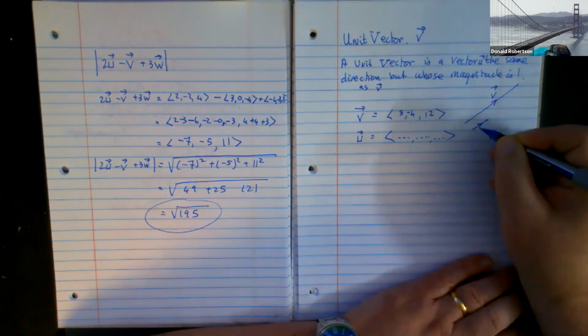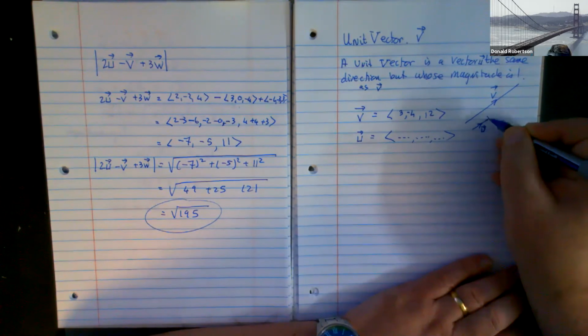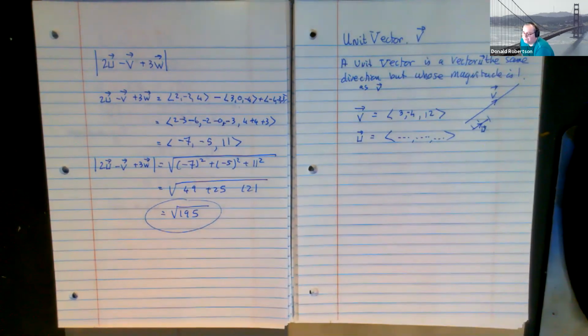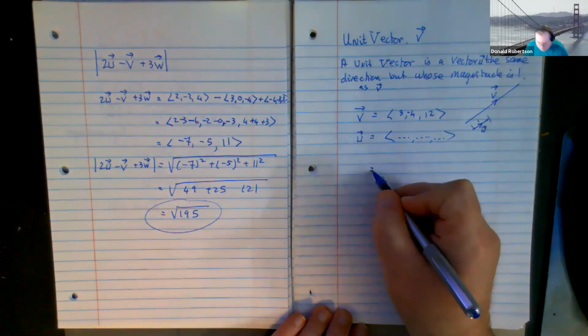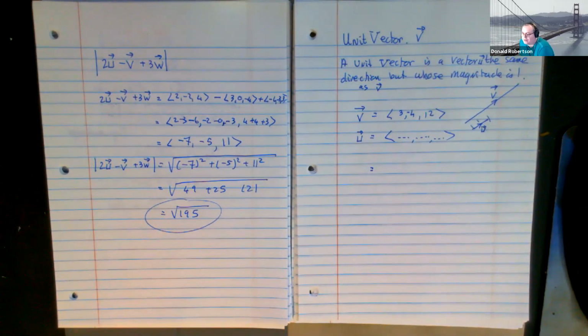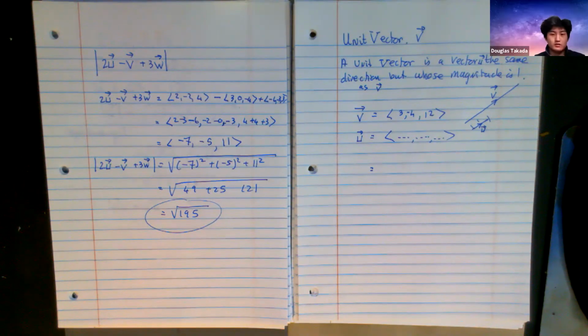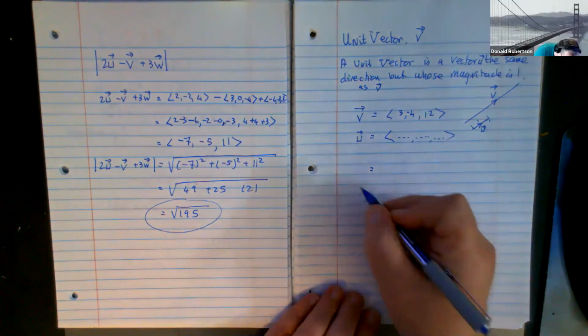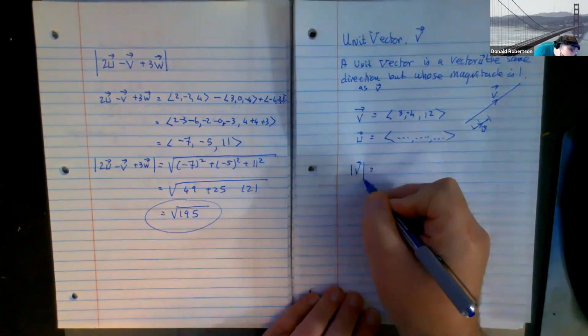But I want a little vector u whose length is 1. Any ideas for what I should do first to get closer to that? To find the magnitude. Okay, so let's find the magnitude of v.